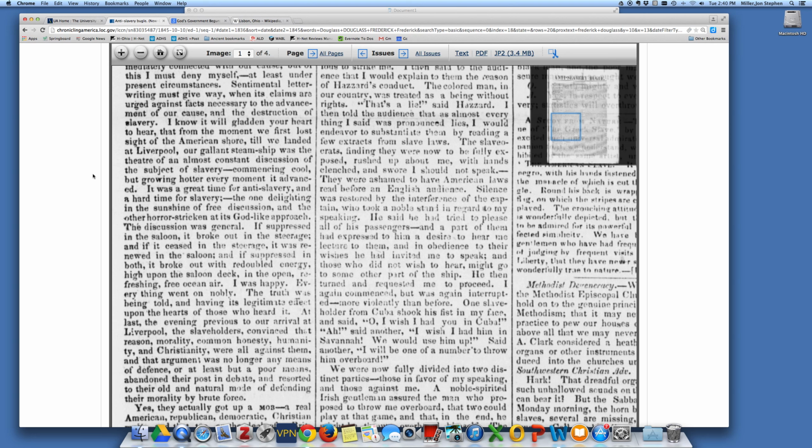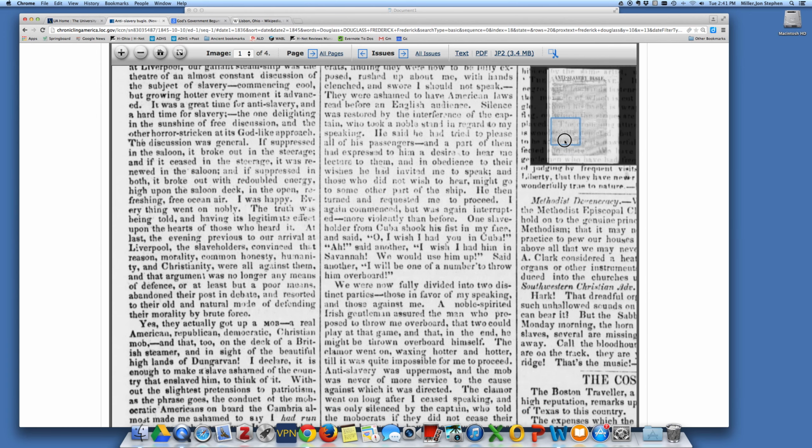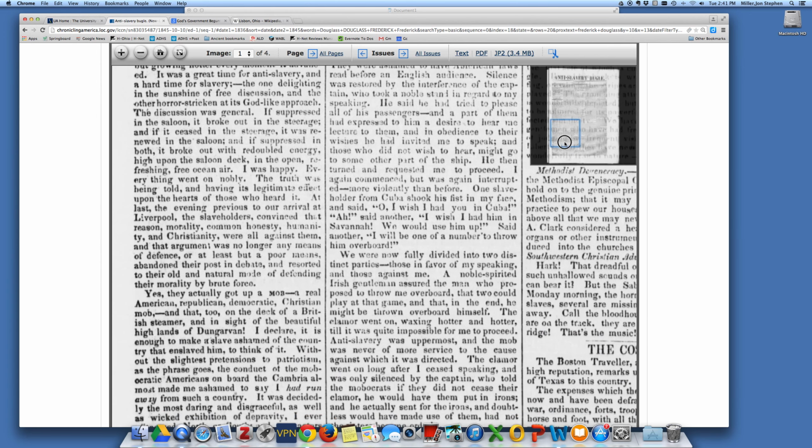At last, the evening previous to our arrival at Liverpool, the slaveholders, convinced that reason, morality, common honesty, humanity, and Christianity were all against them, and that argument was no longer any means of defense, or at least but a poor means, abandoned their post in debate and resorted to the old and natural mode of defending their morality by brute force.